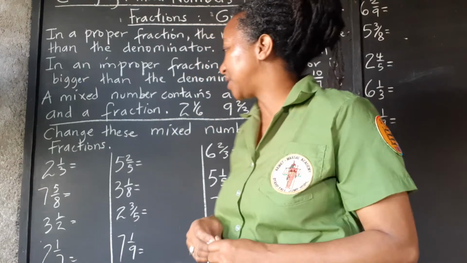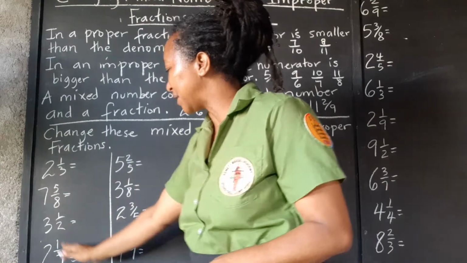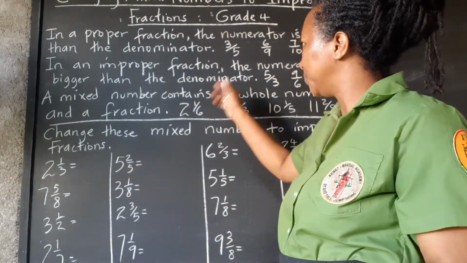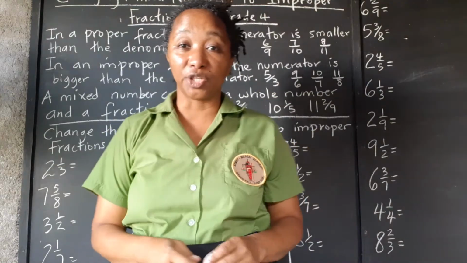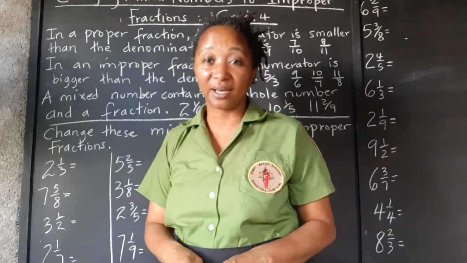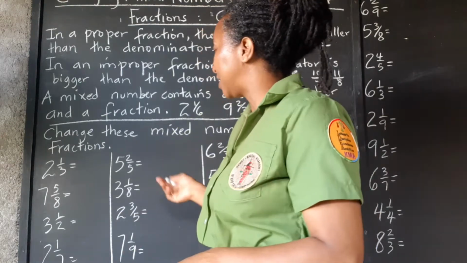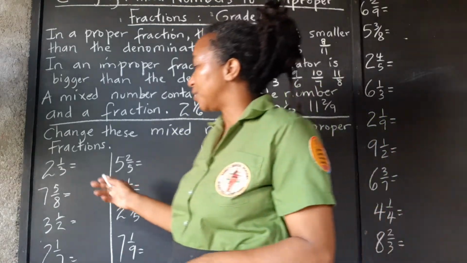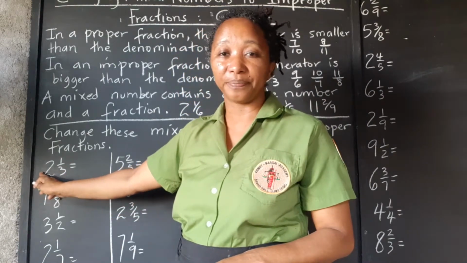So what we're going to be doing is changing these mixed numbers into improper fractions. So what is the procedure? What are the steps taken to change mixed numbers to improper fractions? The first thing you do, you're going to multiply the denominator by the whole number.